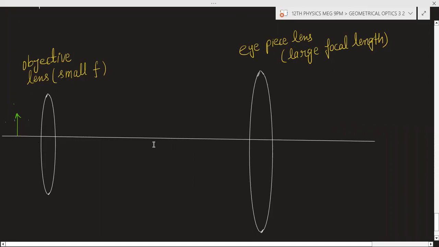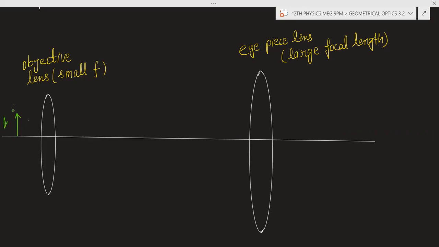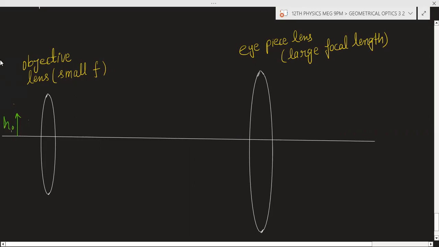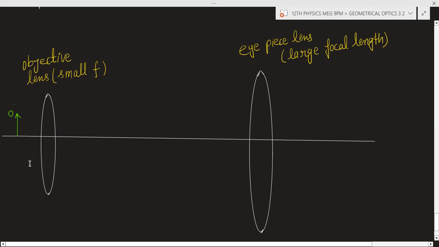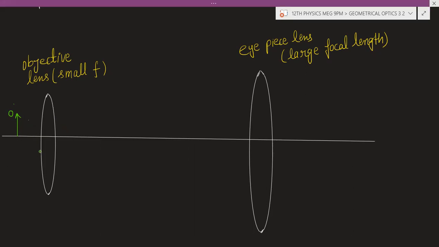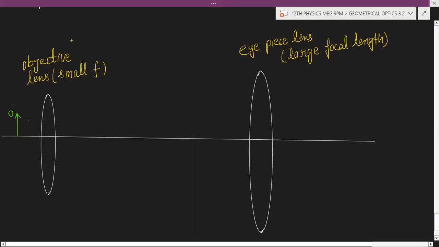In the case of the compound microscope, first the objective lens will produce the image of the object. This is the object, the height of the object, so you can write this as O. This object is in front of the objective lens, and the objective lens first produces the image of this object. So see how the image will be formed.